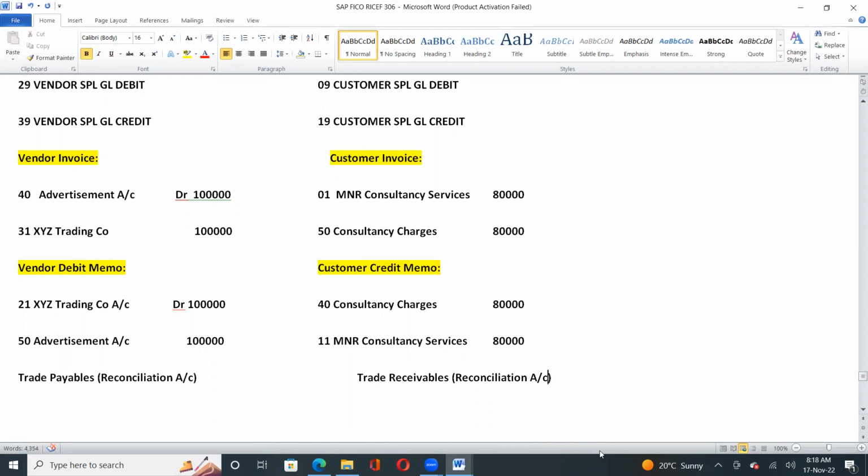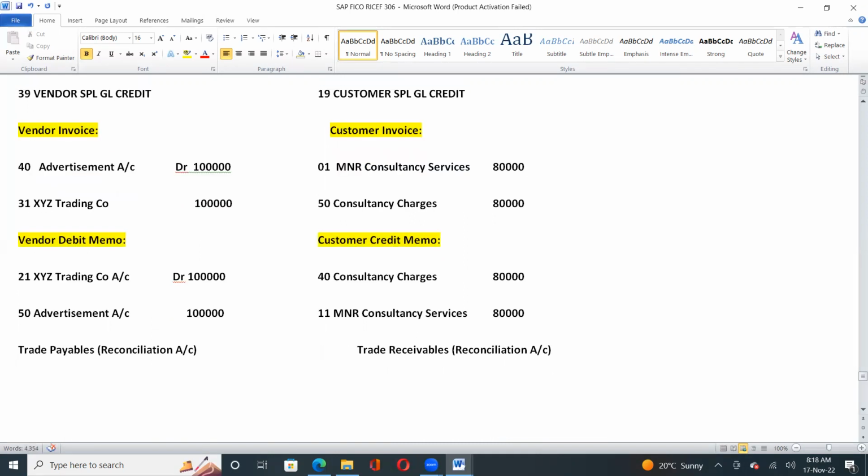Under that, the reconciliation account will be connected to vendors for trade payables. So for example, we are going to create vendor 1, vendor 2, vendor 3, vendor 4, vendor 5.